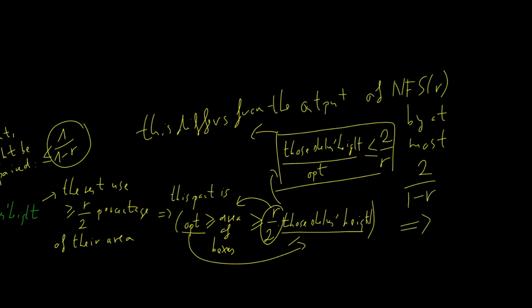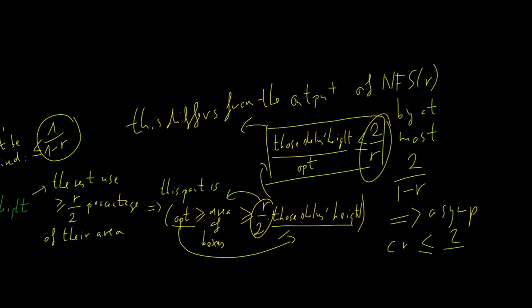This means that the asymptotic competitive ratio of next fit shelf is at most 2 over r, because the constants will tend to contribute 0 to the ratio algorithm divided by optimum if the algorithm's cost and the optimum cost both diverge to infinity.